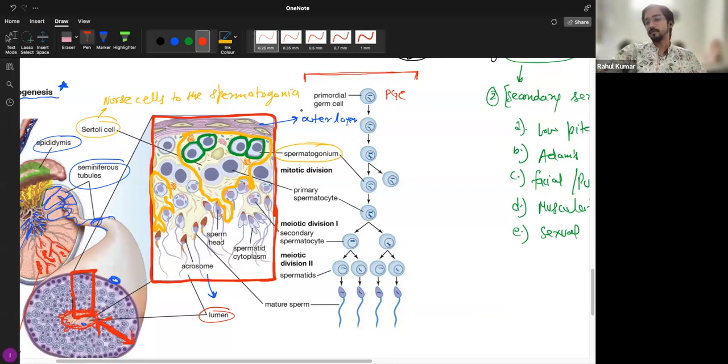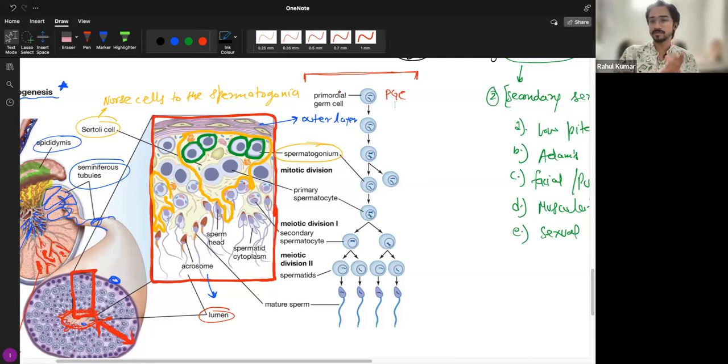PGCs or primordial germ cells are basically formed very early when the embryo is being formed. It is decided very early on that some cells are special, and they are called primordial germ cells. These cells in the embryo reach a specific place and stay there, and that is the region where gonads will be formed.